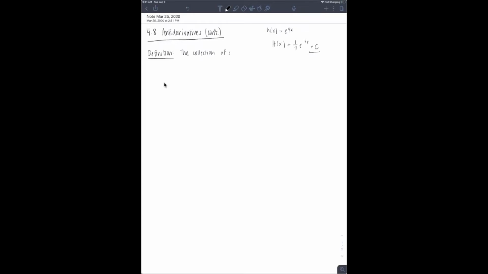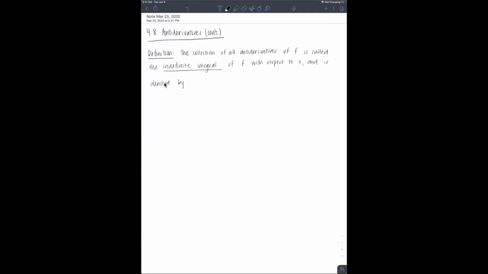So the collection of all antiderivatives of little f is called the indefinite integral of little f with respect to x and is denoted by, and so it's going to be that integral symbol.